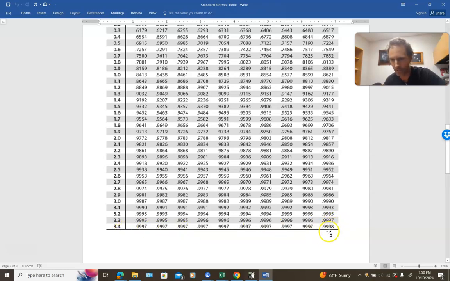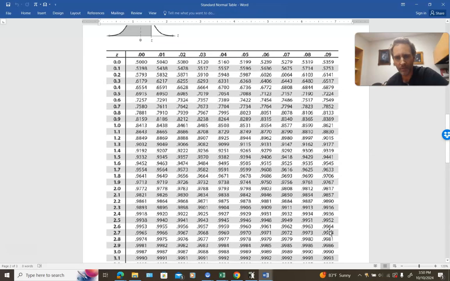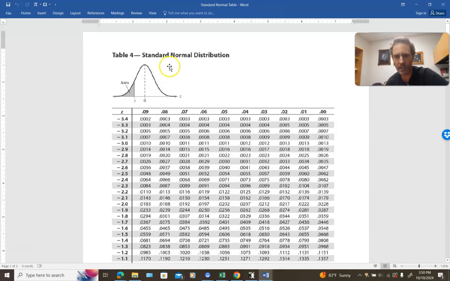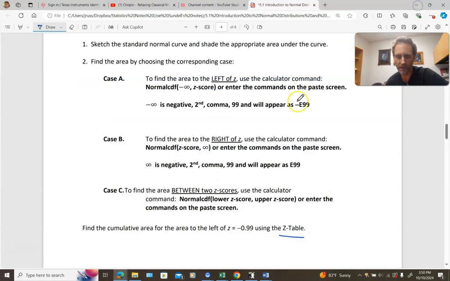And look how much area we've got. That's almost 1. Okay? So that's why the notes were saying before that there's hardly any area beyond that under the tail. There's a little bit, but not really enough to worry about. But anyway, that's how you would use the table if you wanted to find any of these cumulative areas under the curve. Okay?